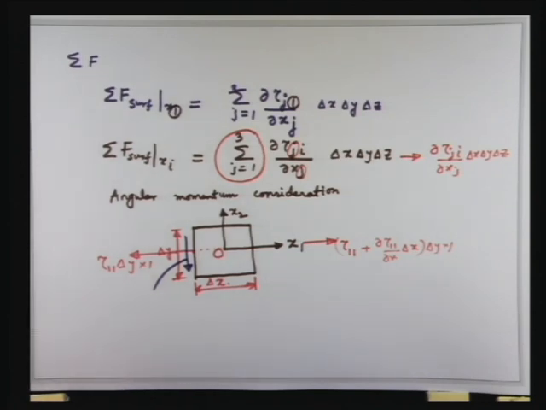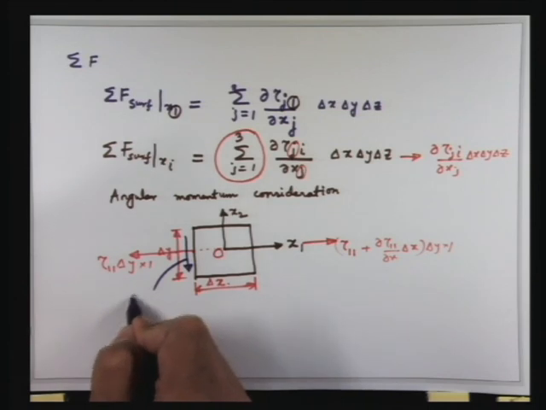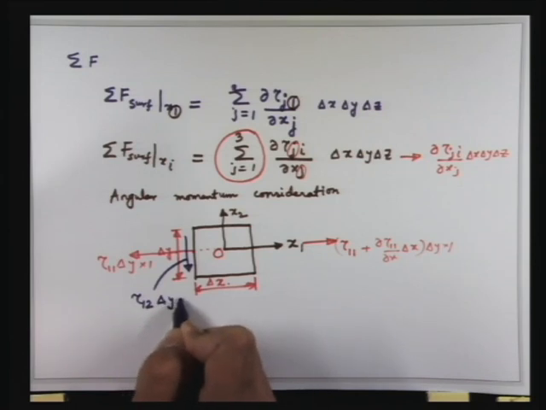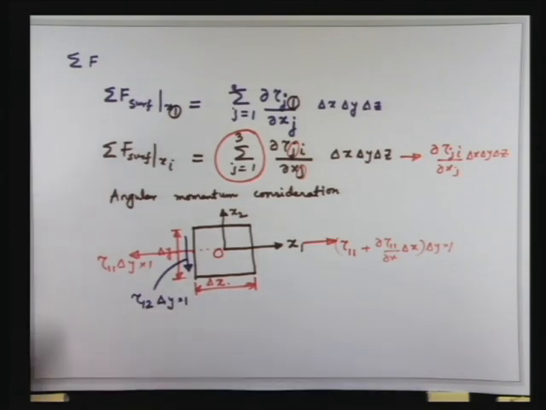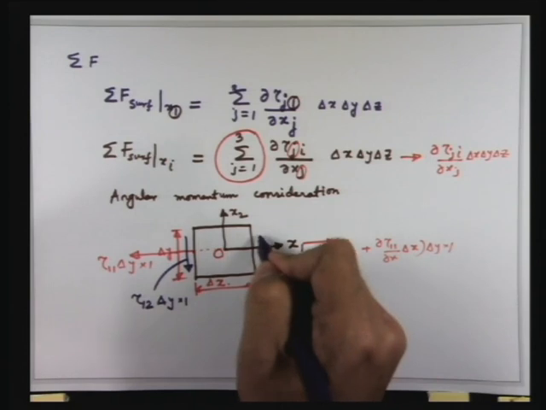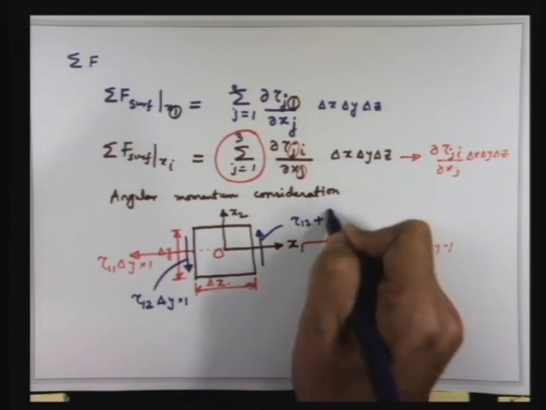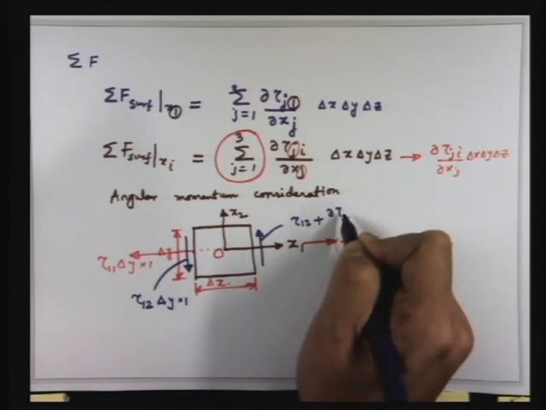What is the tangential force here? Tau 1 2 into delta y into 1. Here, tau 1 2 plus del tau.